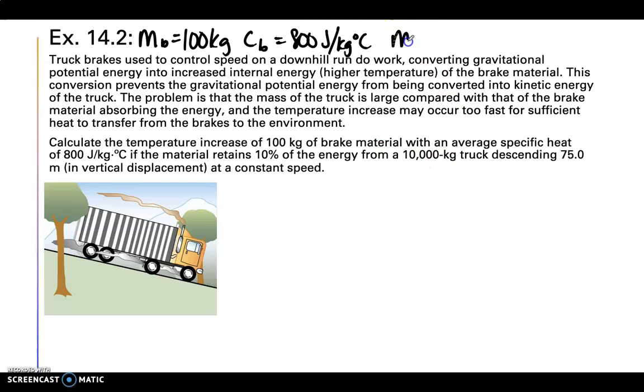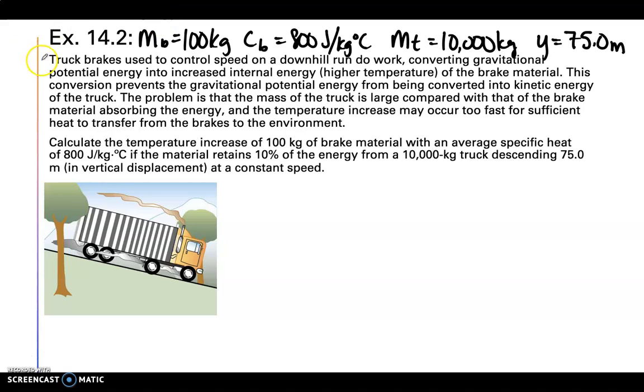I know the mass of the truck is 10,000 kilograms. And I know my displacement y, I'm going to call it 75 meters. That's what I know.